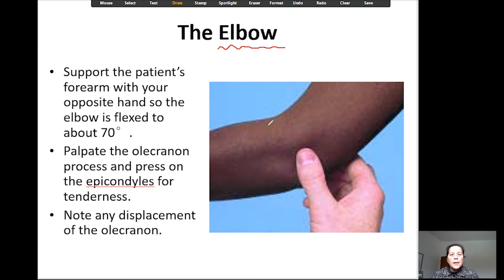We have the patient's elbow in a little bit of flexion, and then especially palpate the bone in this area. If the patient has elbow joint problems, when we palpate, the patient will feel some pain in that area.